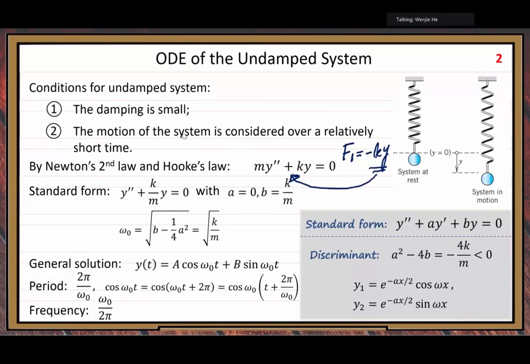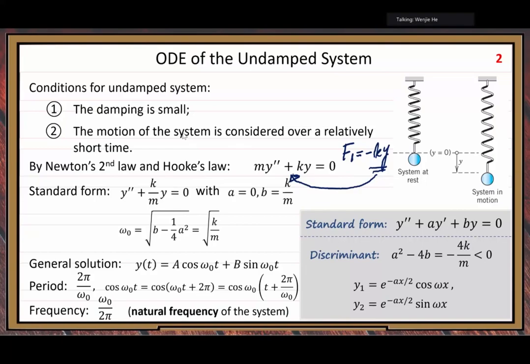That's the basics of this system. And we give a special name to this frequency expression: the natural frequency of the system. This system has a natural frequency.